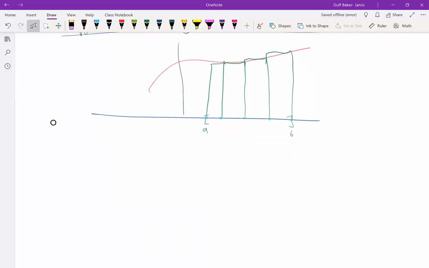Okay, so the first observation would be that the width of each of these will be delta x. So we're going to just try to write everything a little bit more abstractly. Each one has width delta x. Then the heights are given by the right endpoints. So remember, it was f of a plus delta x for the first one, right? Because it's the right one.